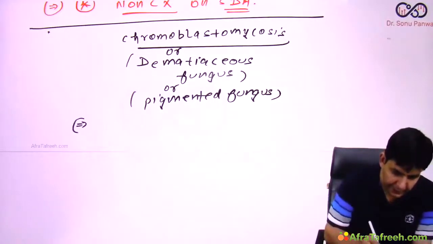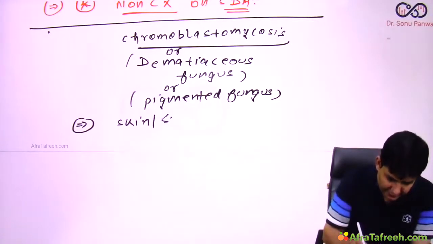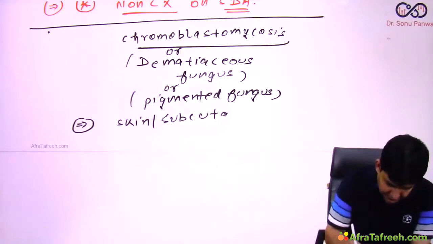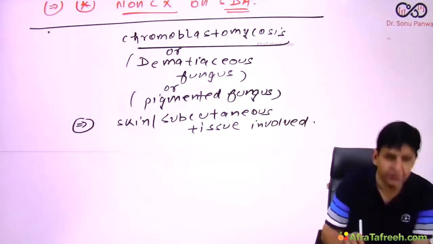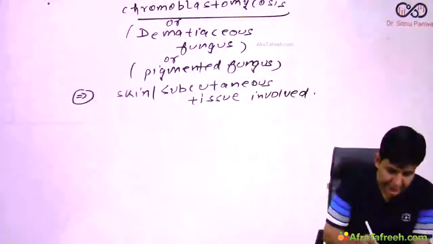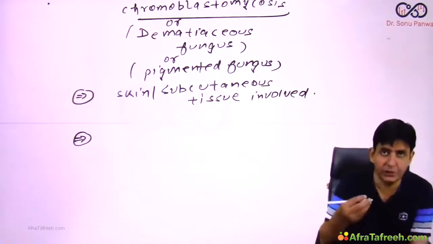Okay. So remember, as you already know, skin and subcutaneous tissue are involved in this, because it is a subcutaneous mycosis. That is the first thing. Second thing is how the question comes.